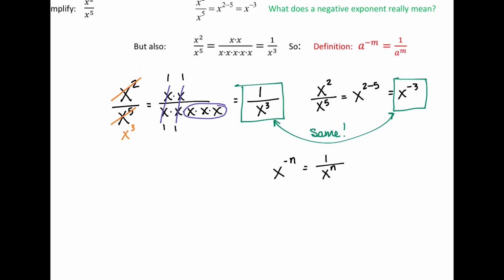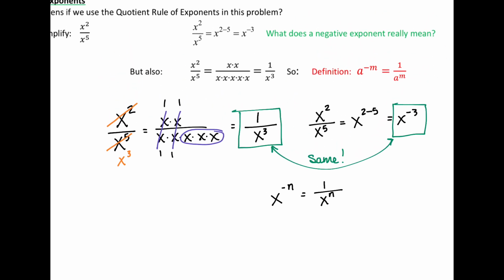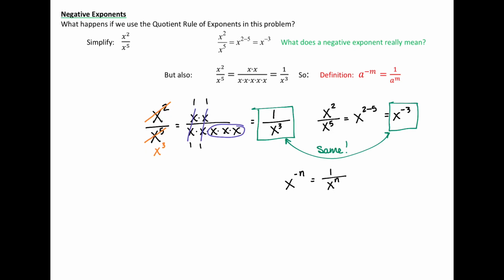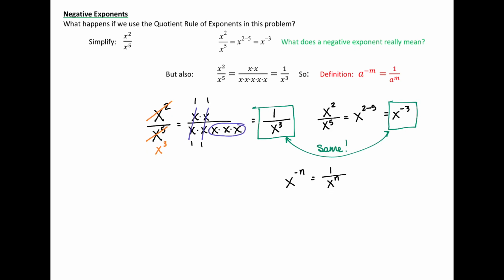Okay? And they chose a different letter. That's okay. I had N and they chose M. Doesn't matter. The idea is when you have a negative exponent, it has to change floors. If it's on the top floor, it has to go to the bottom.